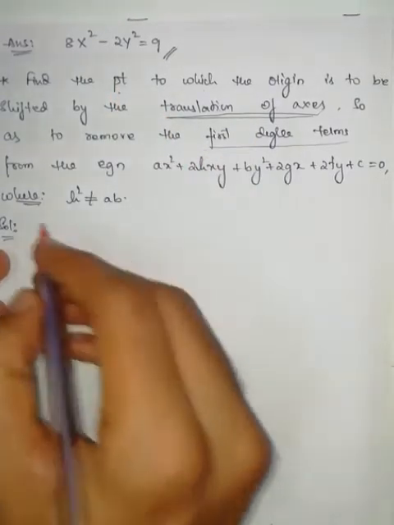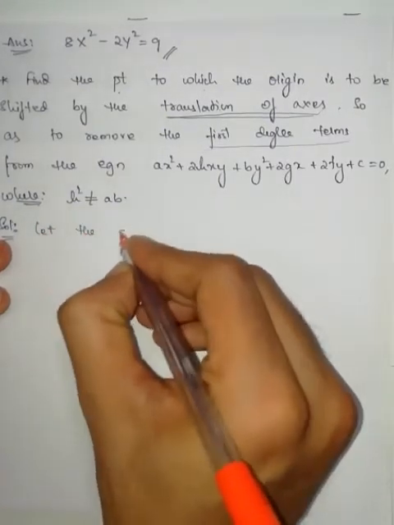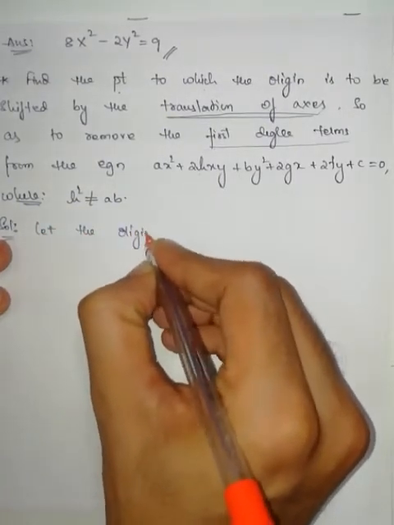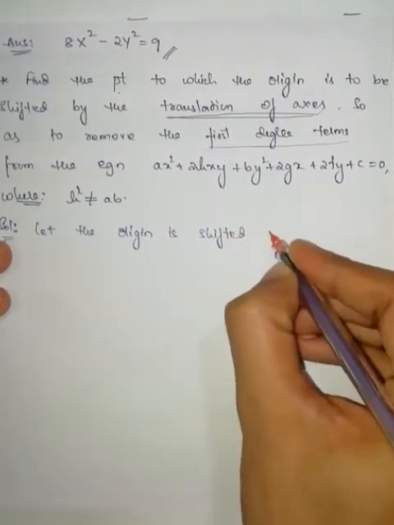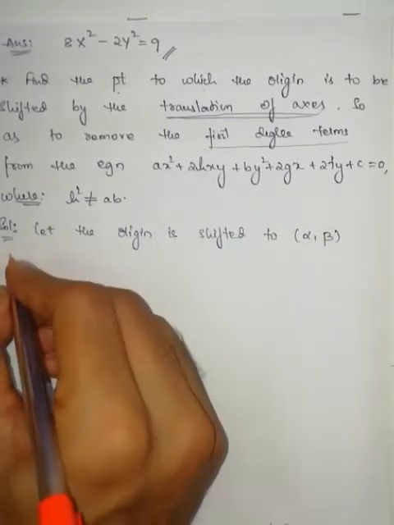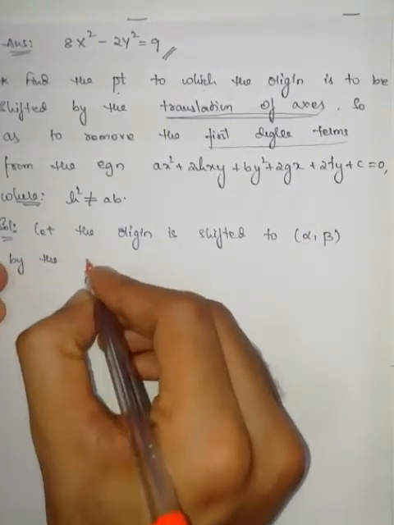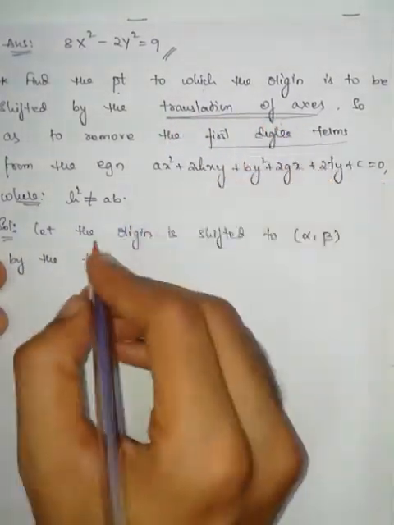So let the origin be shifted to alpha comma beta by the translation of axis. I am not saying rotation of axis, I am saying translation of axis.